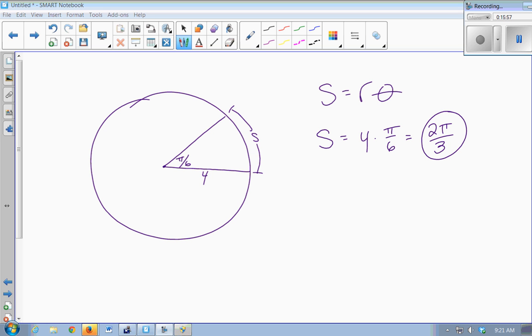Yeah, that's a good one. This formula comes directly from the definition of a radian, that 1 radian is the angle on the circle created when the arc length is equal to the radius.